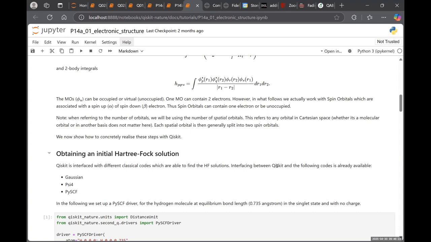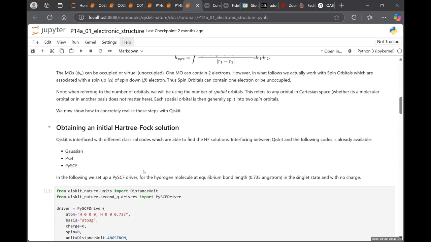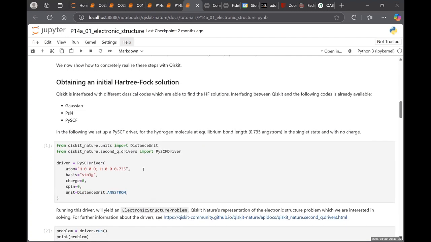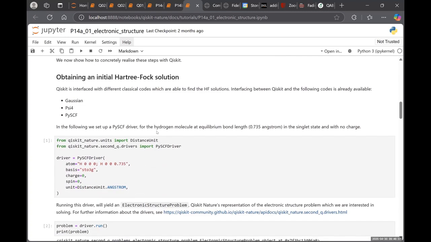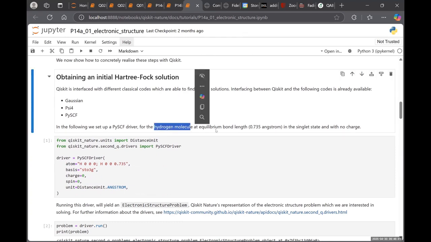It says there are three available: Gaussian, psi4, PySCF. Here they're setting up a PySCF driver for the hydrogen molecule at some equilibrium.